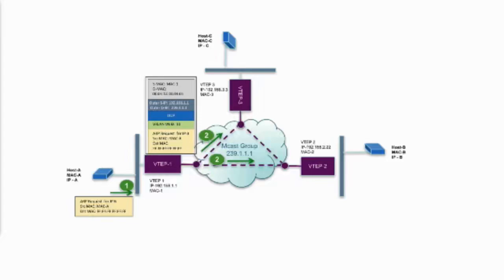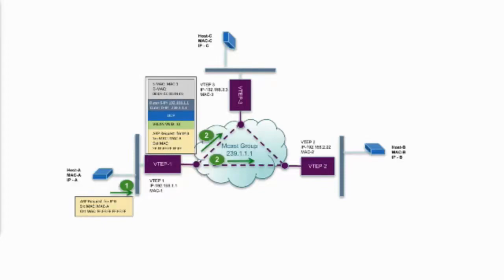Now, when they receive the packet, notice that it's a VxLAN packet. It has the VxLAN ID, which uniquely identifies the segment. Also, notice the outer source IP and the destination IP. The destination IP will be the multicast address, because it needs to flood to all the subscribers to that particular multicast group.